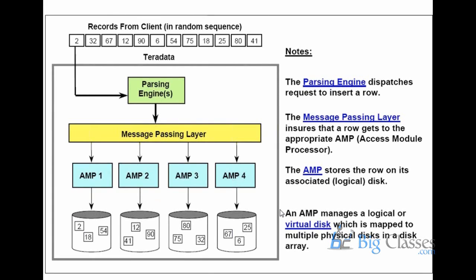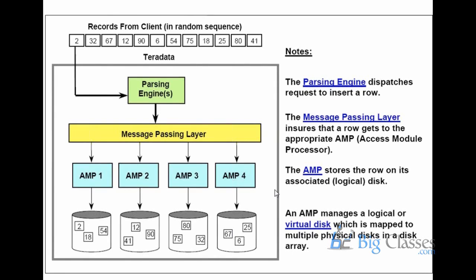Who will decide how many AMPs and how many disks are in a particular node? When you have a brand new system and you are installing Teradata, at the time of configuration, when you run some scripts, the base Teradata package will be installed.